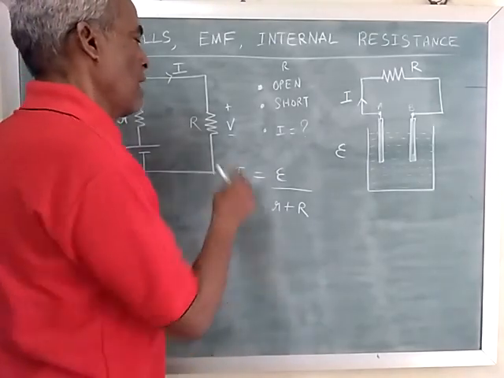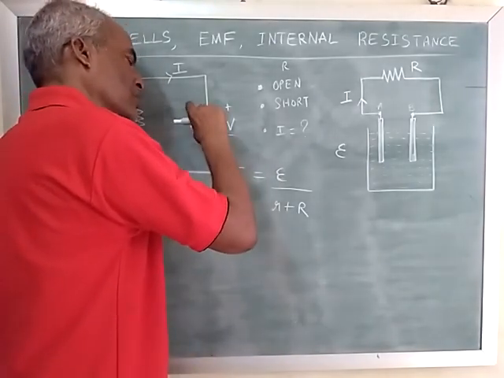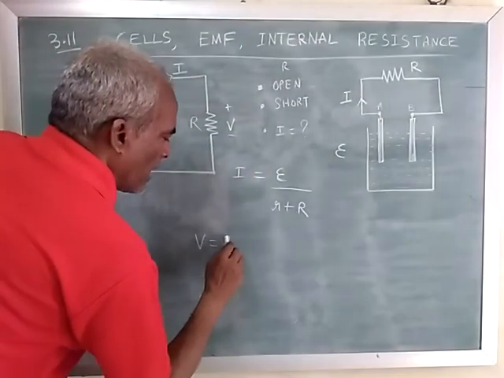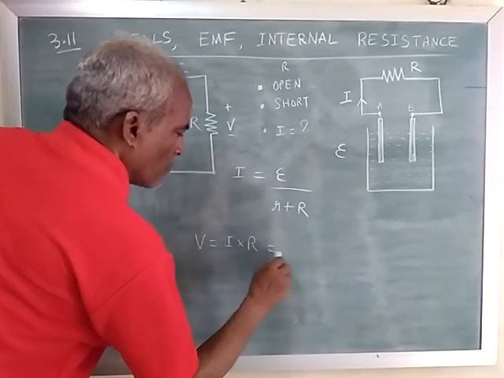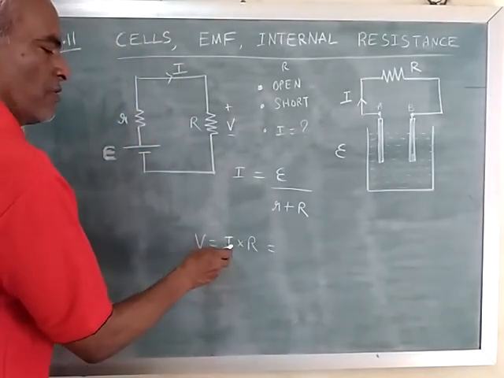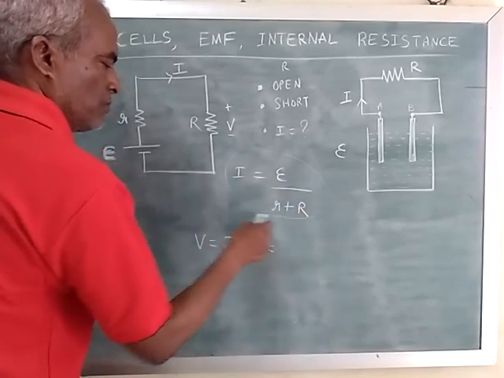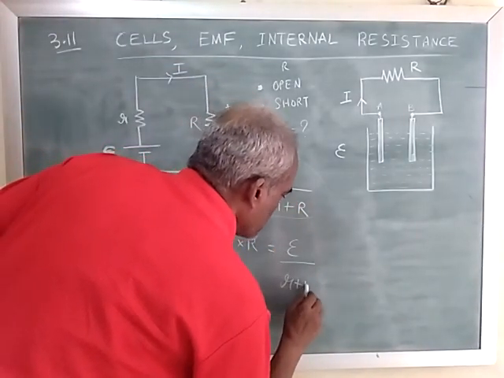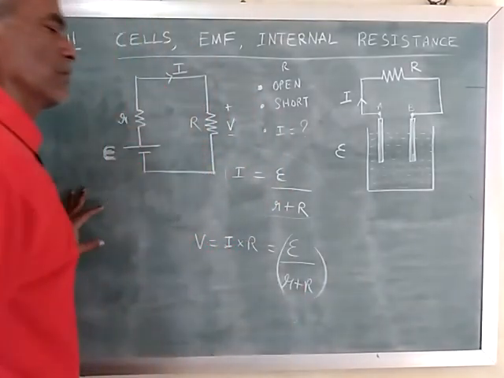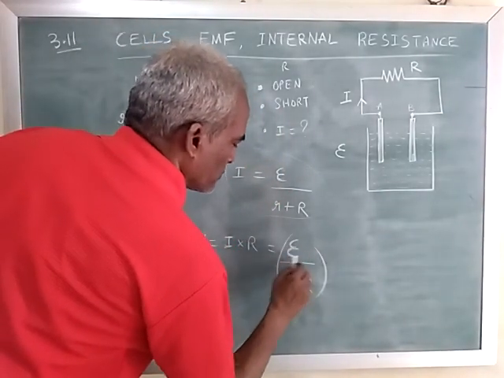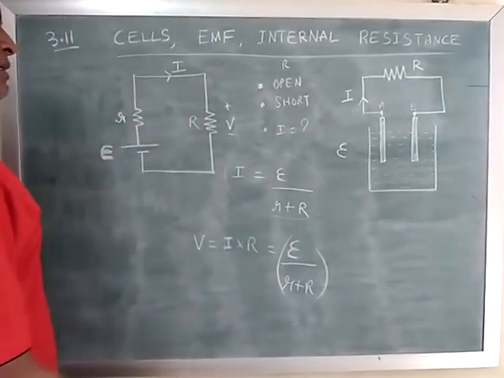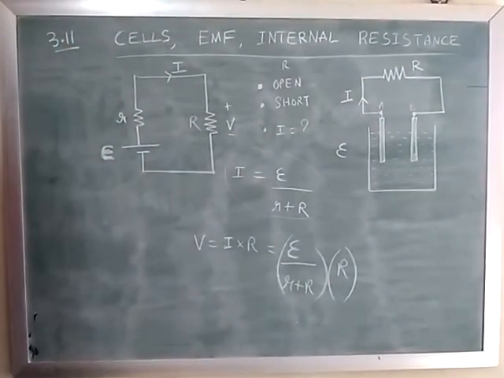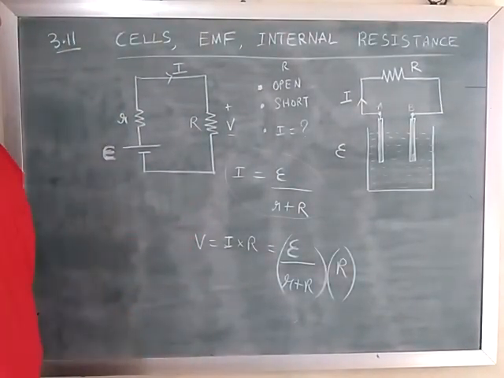Now I want the voltage drop V across R. So the voltage drop V is equal to I multiplied by R. Now what is I? We have the I value from this equation. So I is equal to E divided by R plus r. This is our current. So this is current multiplied by R. Okay. So this is the voltage drop.